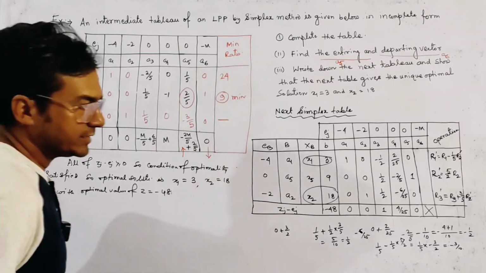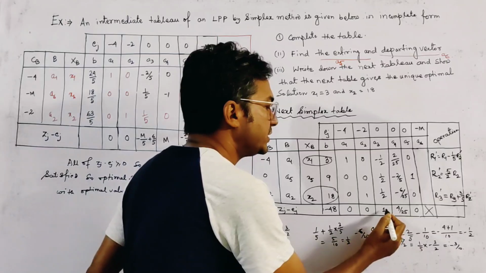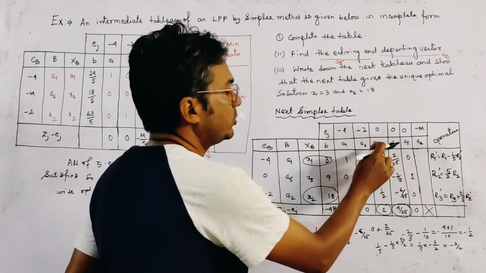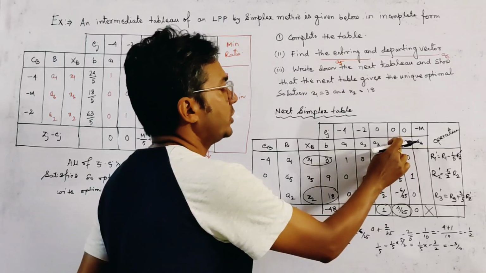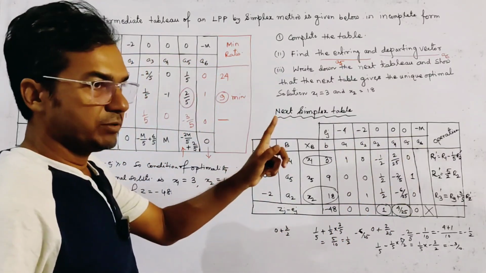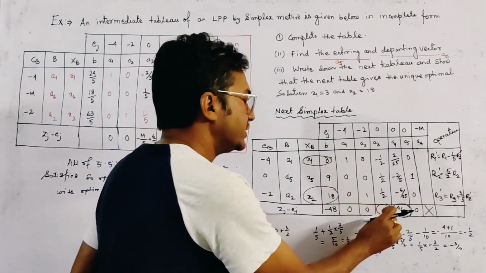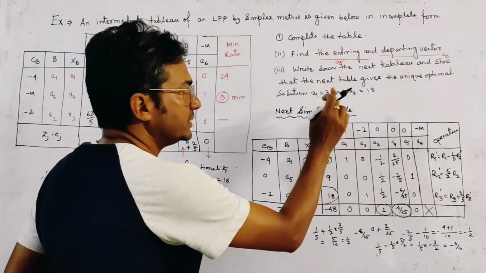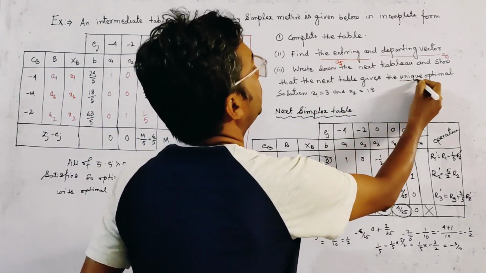Since all the non-basic net evaluations, that is the net evaluations corresponding to A3 and A4, are positive, we say that this solution must be unique.